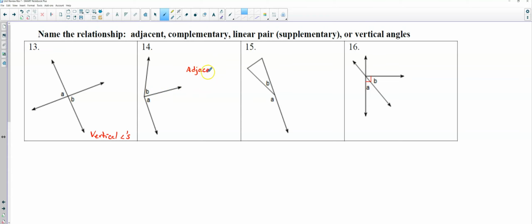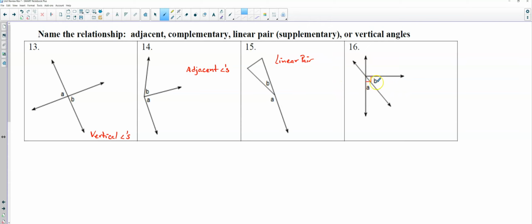Adjacent angles. How about this one? This one I could say that they are a linear pair. That means they're supplementary. However, this one, they add up to 90 degrees, and I know that because of these right angles.